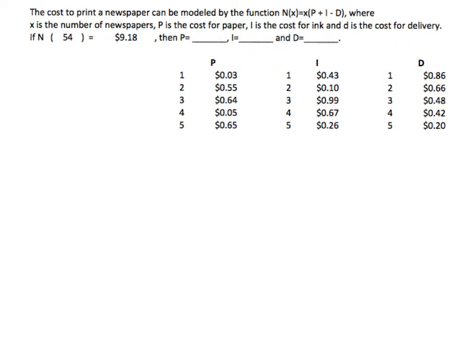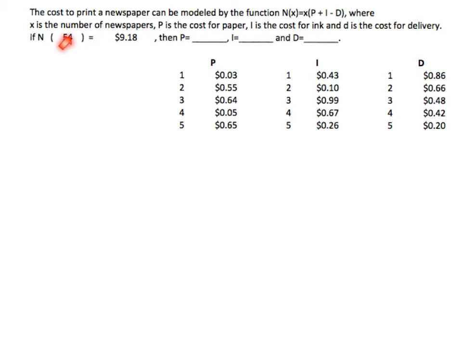So you know that you have 54 newspapers. 54 is represented by what variable in the function? It is x. The cost to print a newspaper can be modeled by the function n of x equals x times this quantity, where x is the number of newspapers.